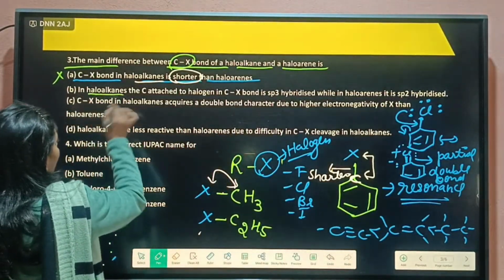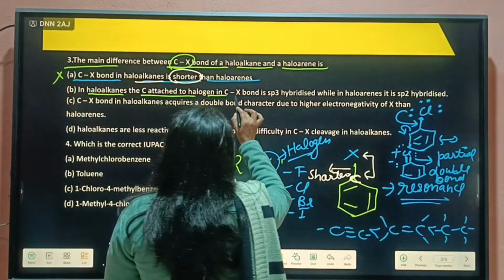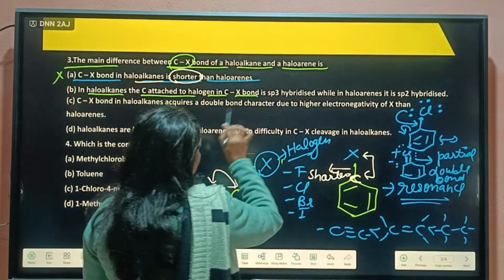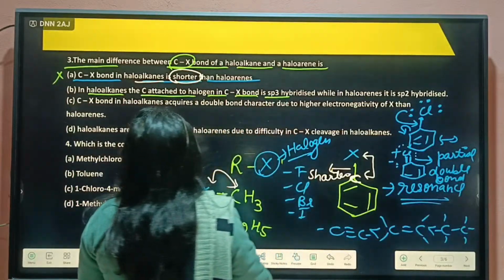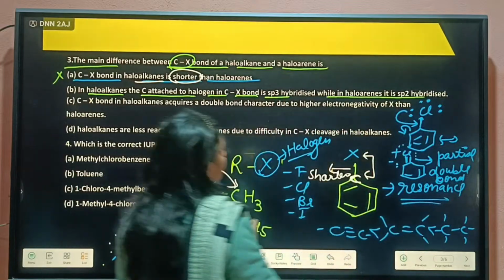Okay. Then in haloalkane, the carbon attached to the halogen in the carbon-halogen bond is sp3 hybridized, while in haloarene it is sp2 hybridized.